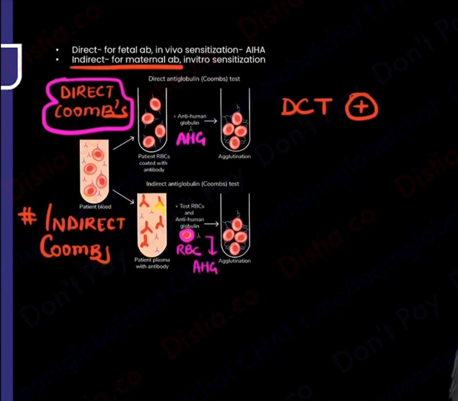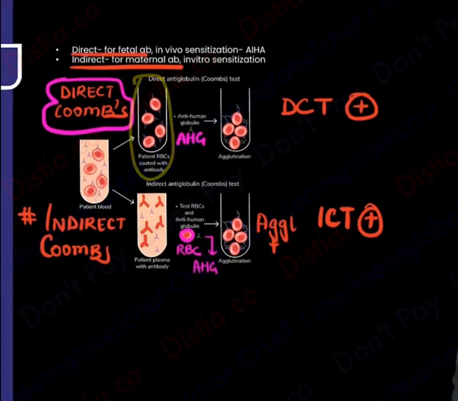Then if by chance antibodies are there in the mother's serum, then all these things together will make an agglutination. So if you get an agglutination or you get an indirect Coombs test positive, that means the mother had antibodies in her serum. So if you want to detect the fetal antibodies, if you want to detect fetus ka problem, it is direct. If you want to test problems in the mother, that is going to be indirect.